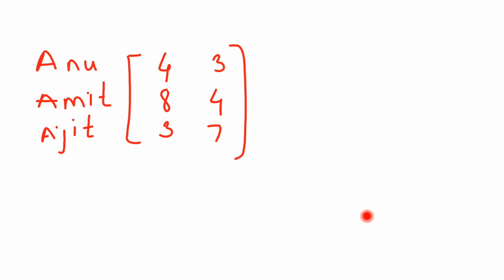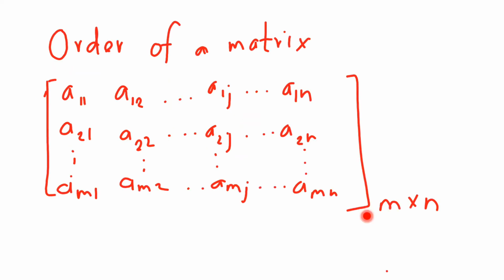Now, what is the order of a matrix? Here, in this matrix, there are m rows and n columns. m means first the rows and then the columns. These are the elements of a matrix.